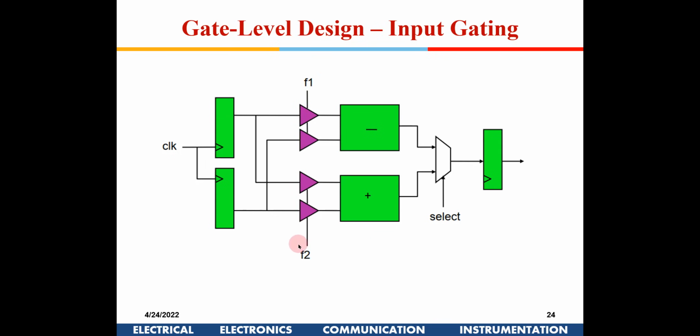This additional set of hardware ensures that there is no activity in the block which is not required at that particular point of time. This is known as input gating.